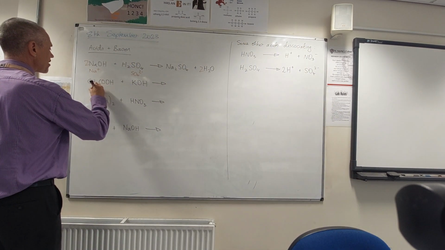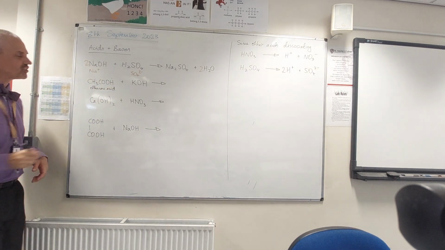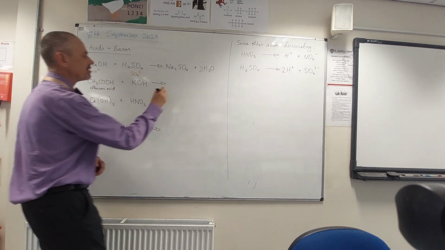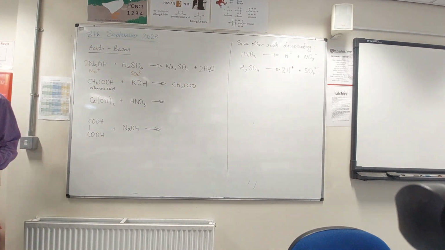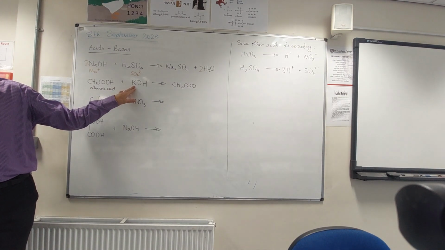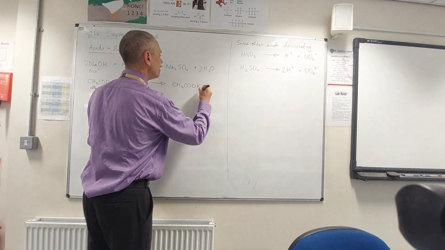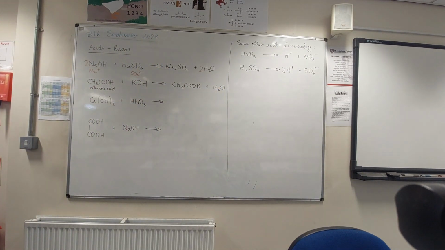So that's ethanoic acid, yeah? And it's that hydrogen there at the end that gets lost. So it makes CH3COO minus as the ion. And then that teams up with the K in potassium, CH3COOK, and then that makes water as well.